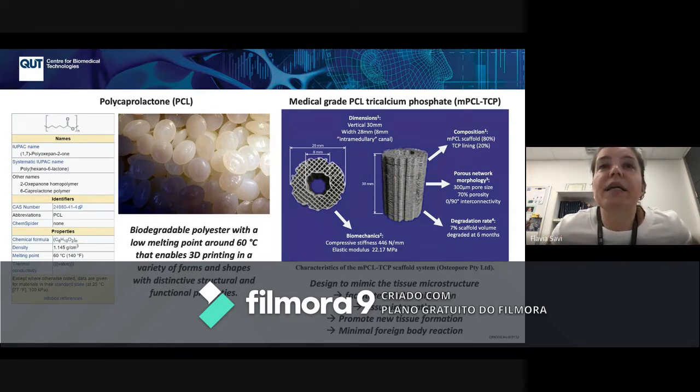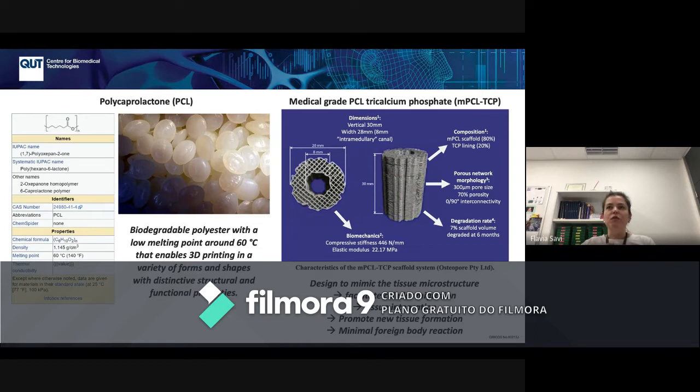So the design, as I mentioned, is to facilitate cell migration, tissue integration, promote new tissue formation, and also to have a minimal foreign body reaction. Because the foreign body reaction, I will talk a little bit more about it, but the first response of your body when you have something implanted is a foreign body reaction.